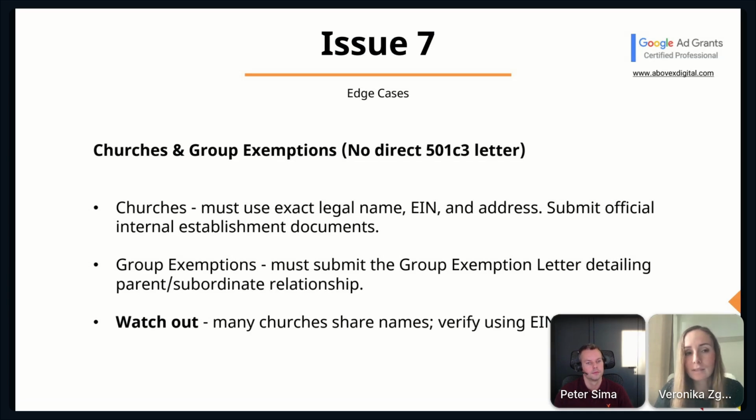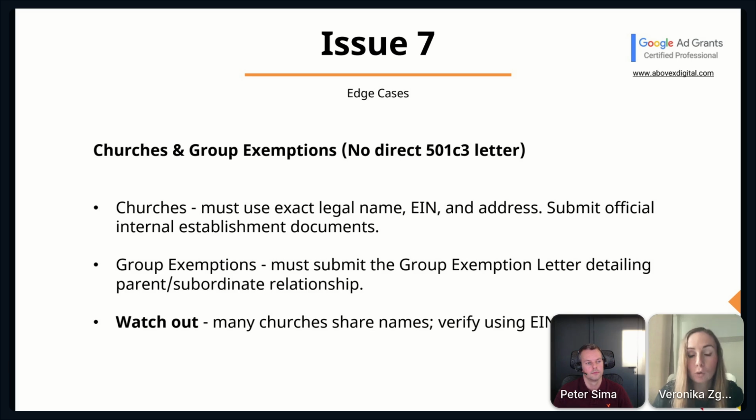And lastly, I slightly touched upon it, churches and group exemptions. This is a slightly special category. It's a complicated case often because churches by default do not have to have the registrations and do not have to be in the registry, right? So you might not find yourself in the search, hence why it might take a few extra steps to demonstrate that you are actually a church. And we acknowledge that.